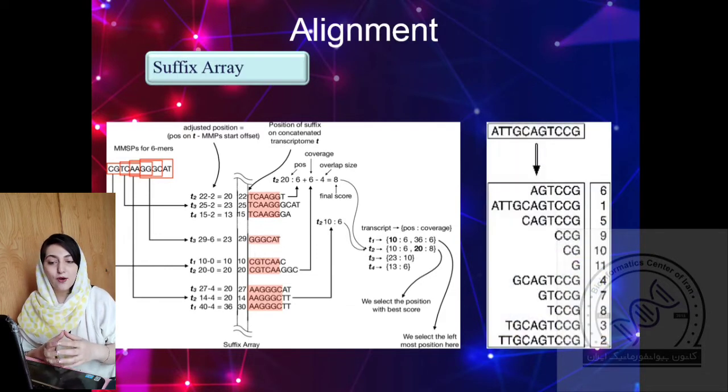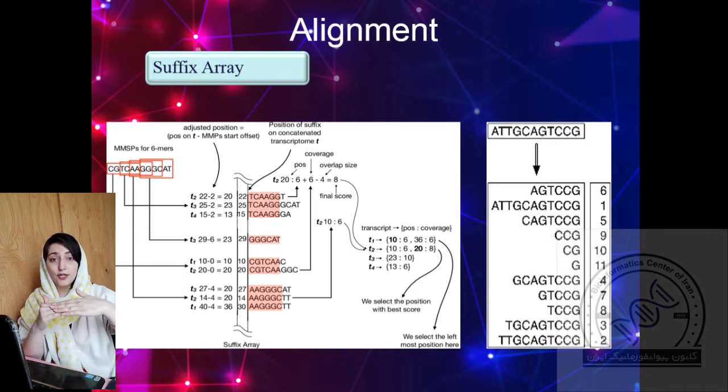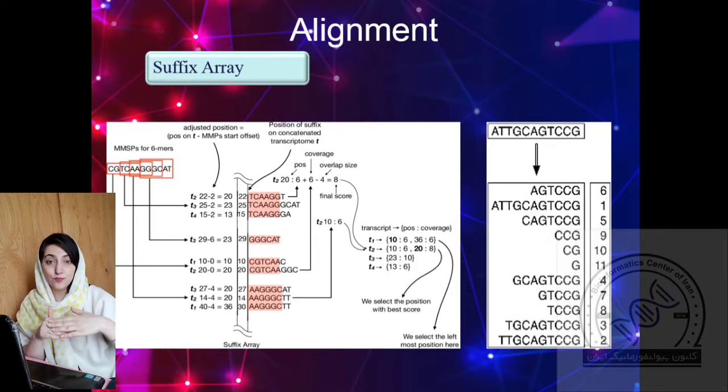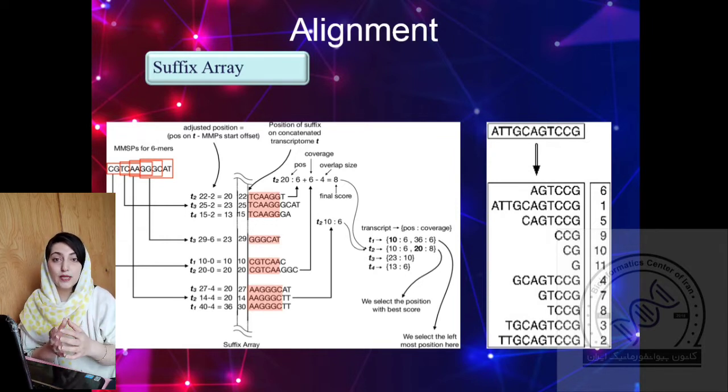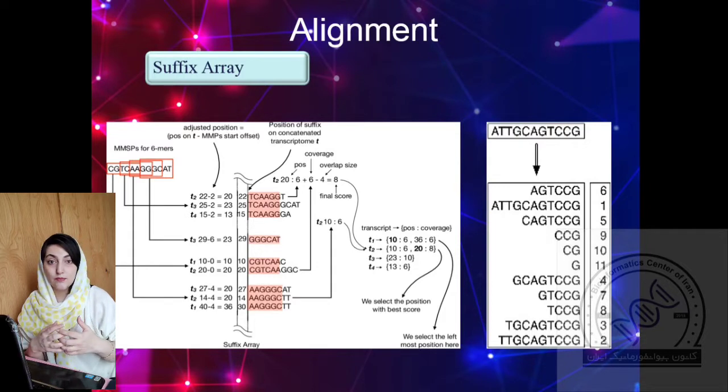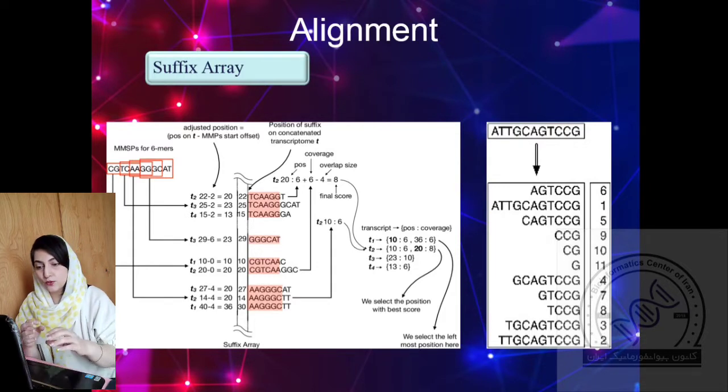This is how we determine the exact nucleotide array of a short read, and then we can say what the coverage is, and what the most coverage is between one short read and another, to evaluate the assembly and make a bigger part from those short reads.